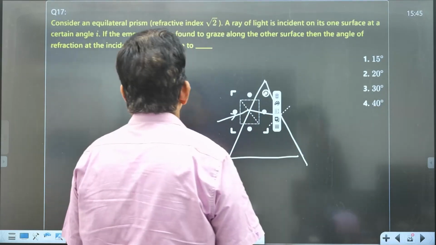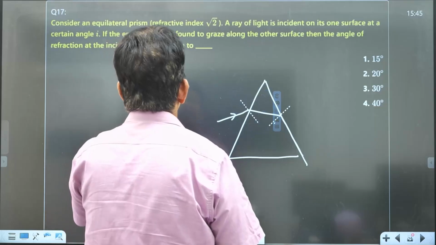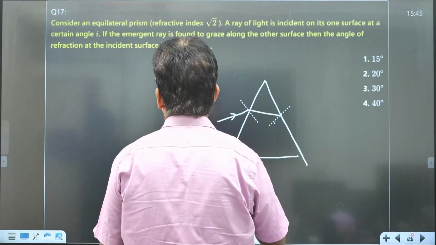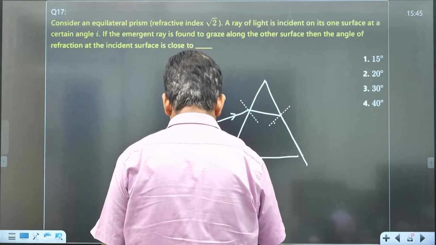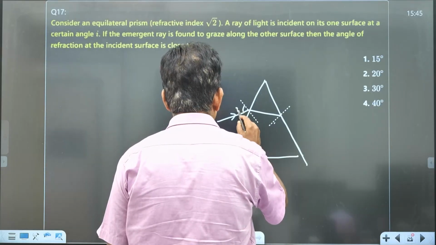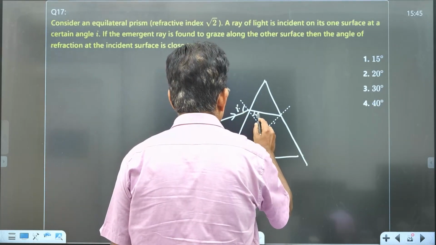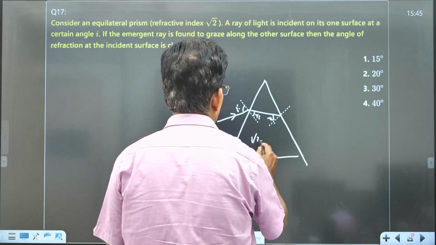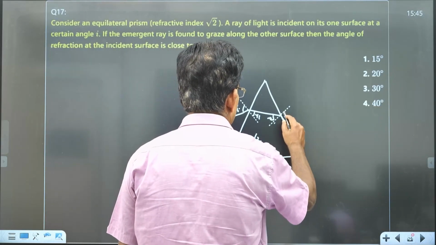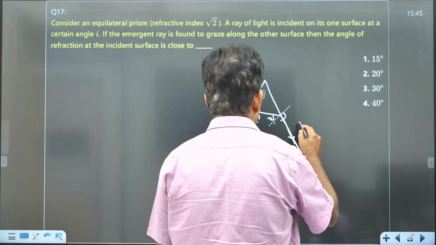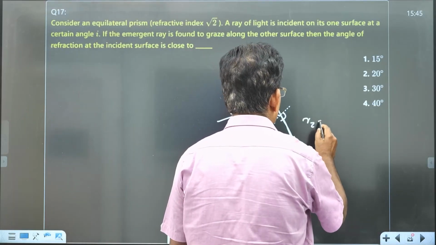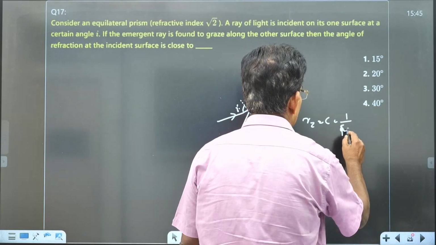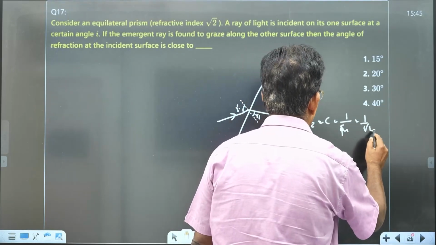Here the angle of incidence is I, and we have to calculate the angle of refraction. This is I, this is R1, this is R2. Refractive index is root 2. This will be 90 degree. This gives R2 equal to the critical angle, sin C equal to 1 by mu, which is 1 by root 2.